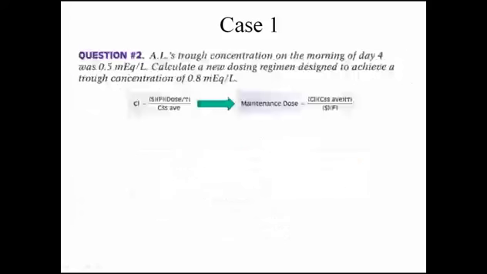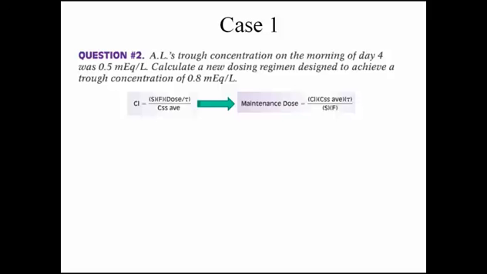Okay? So here we have the level of 0.5. But because the patient is still not responding well to that level, we wanted to achieve a higher level. So we need to estimate the dose that is required to achieve a level of 0.8 milliequivalent per liter.